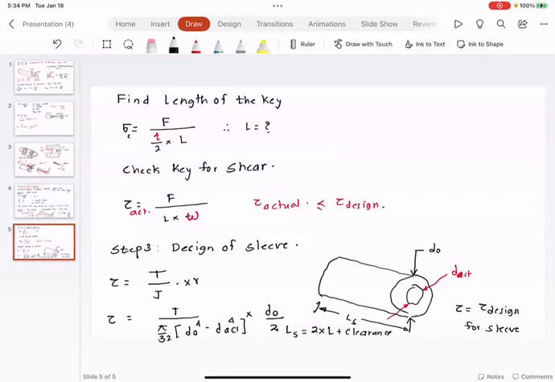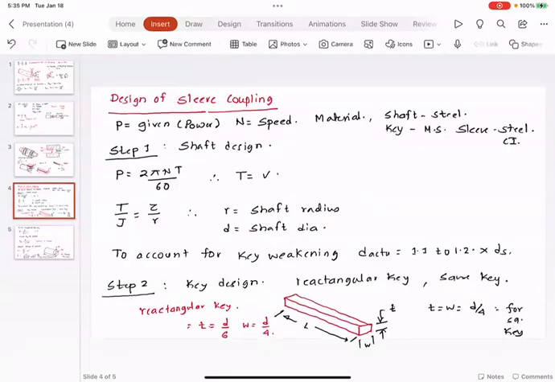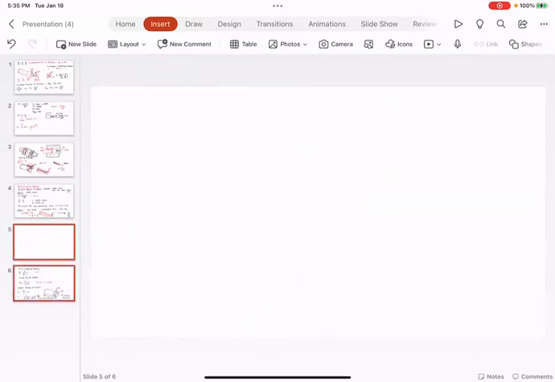Now, at this point, we have a choice. I can work out either an example to design the simple sleeve coupling, or I can go to the next slide. I am at slide 4. Oh, yes, slide 4. Okay, sorry. Yeah, of course.